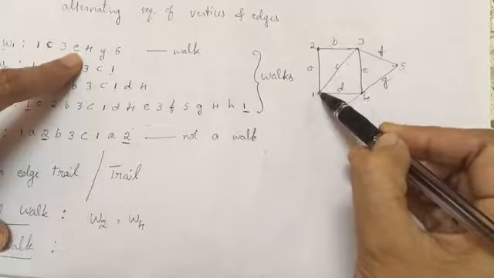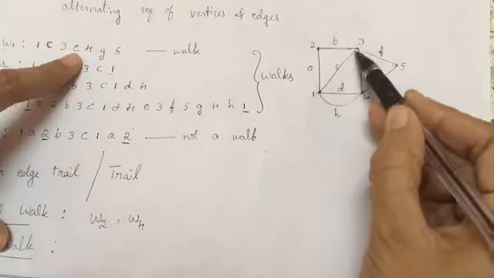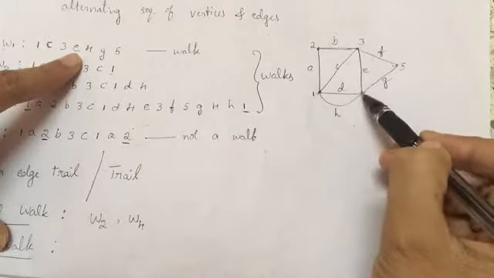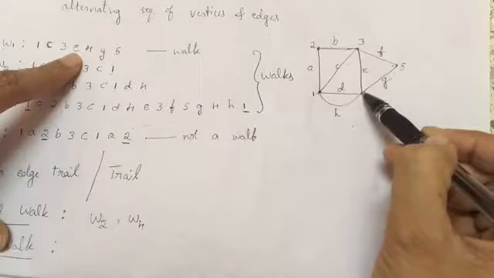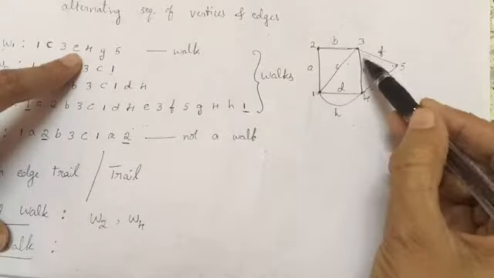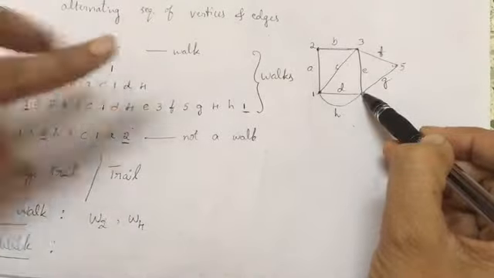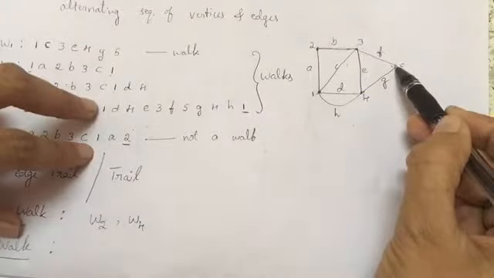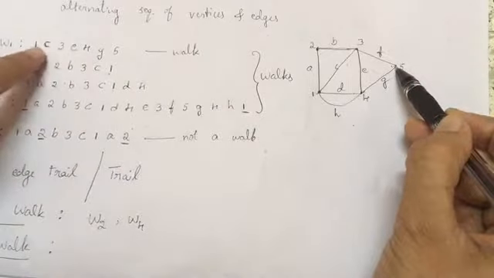For this vertex the degree is 1, and for this vertex one edge is C and another edge is E, so the degree is 2. For this vertex one edge is E and another edge is G, therefore it has degree 2, and this is the end vertex, only one edge G is incident on it.